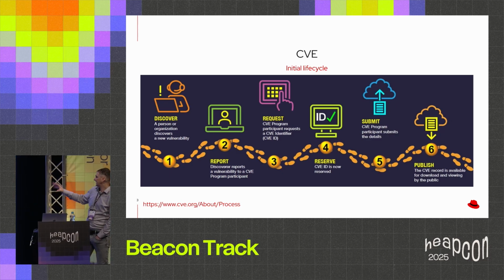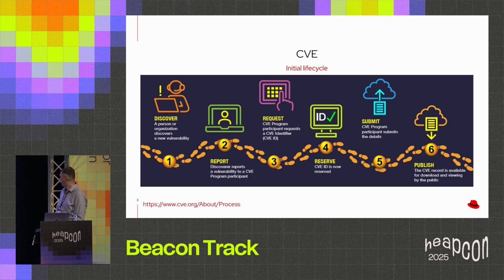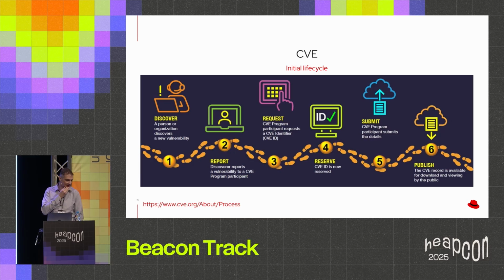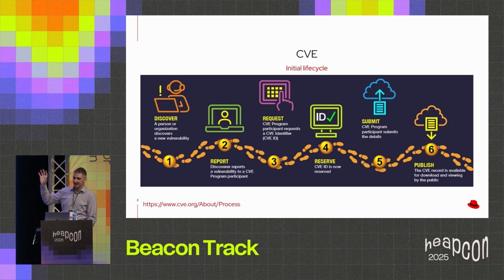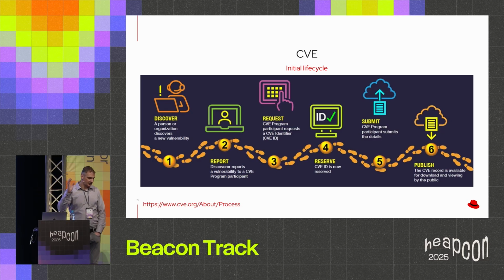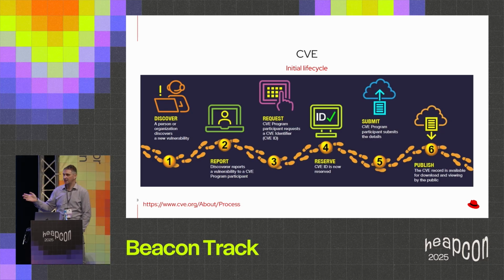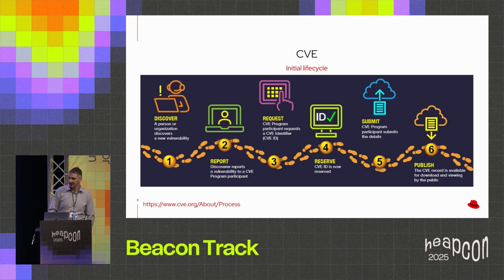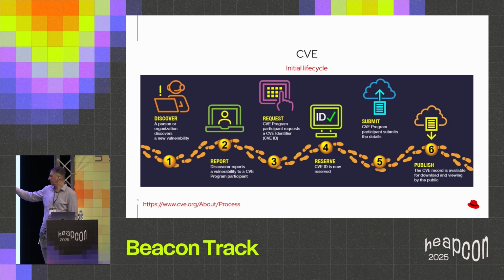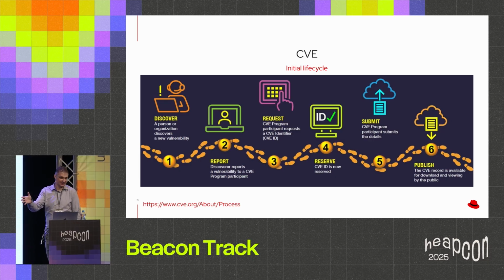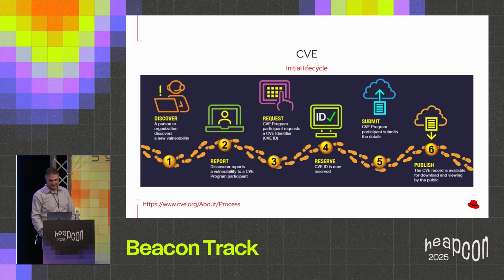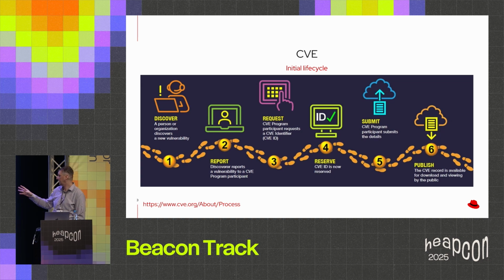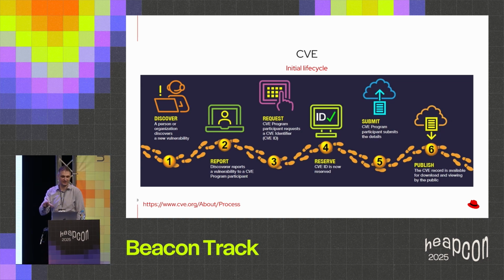So here's basically the flow of discovering and publishing, the first step in the life cycle of a vulnerability, right? Somebody discovers a vulnerability, usually approaches either the company or the open source team behind the product, and discloses this in person. And this organization then reports this to one of the CNAs participating in the CVE program and requests a particular CVE to be assigned.